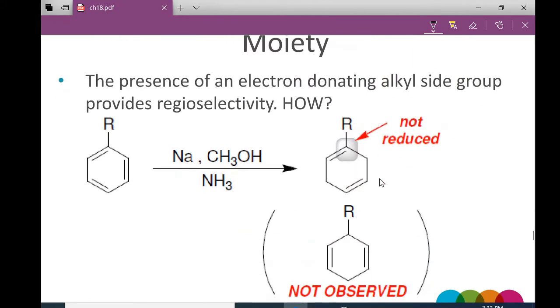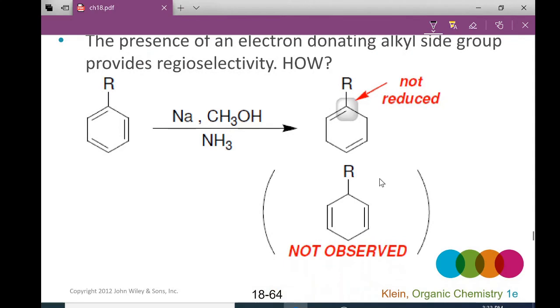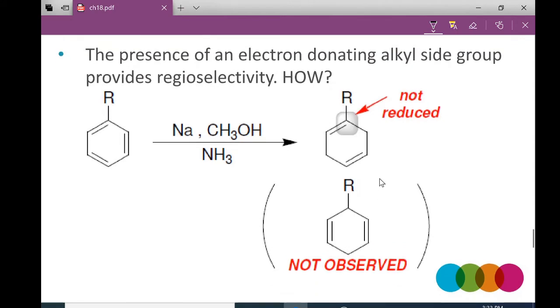Well, it turns out if we have an electron donating group on the ring, so this thing is going to donate electron density in, we're not going to reduce at the carbon bearing that alkyl group. Okay, we're going to reduce adjacent to the alkyl group, meaning the double bond is going to end up on the alkyl group.